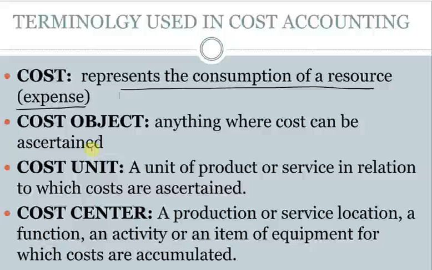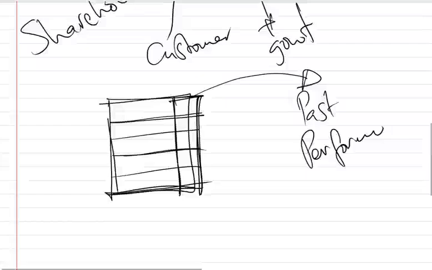So cost unit, we are talking about a unit of product or services in relation to which cost can be ascertained. So we're talking about one item of a product or service where we can actually establish a cost. So cost unit is not the same as unit cost, because with unit cost, we are talking about how much does 1 unit cost?